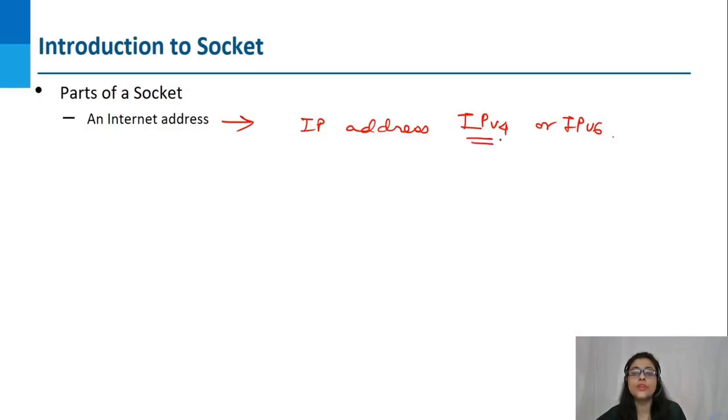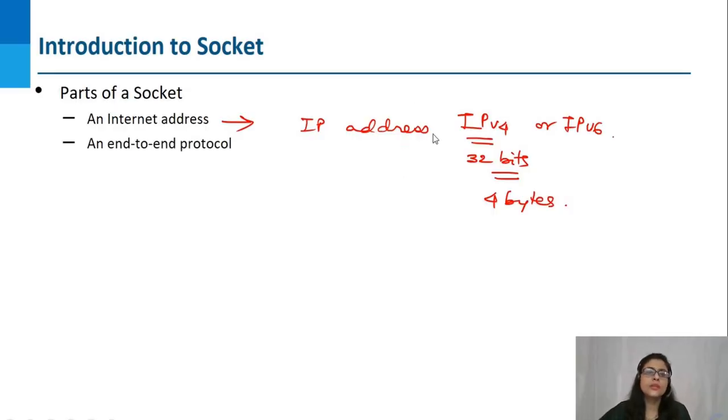We are at present concentrating on IPv4, which is 32 bits, having 4 bytes. Next, there should be an end-to-end protocol, like whether we are using the TCP protocol or the UDP at the transport layer.